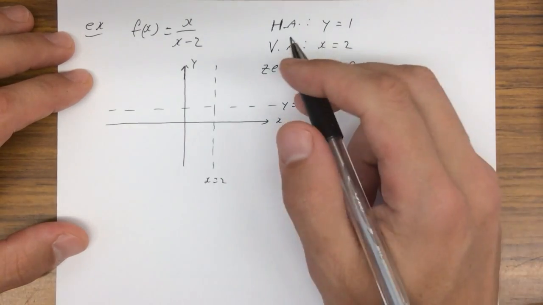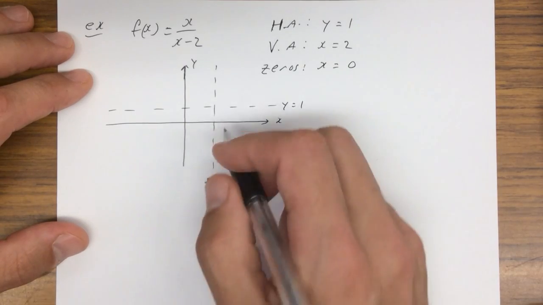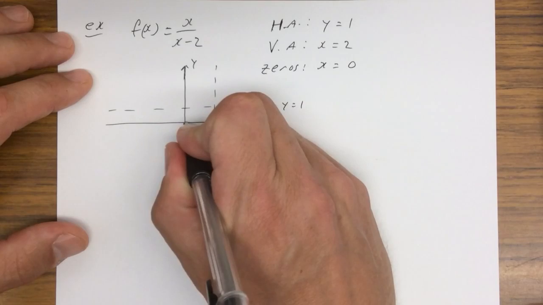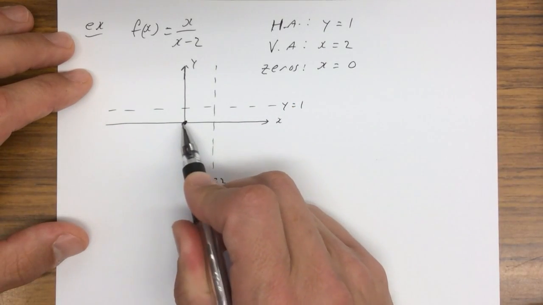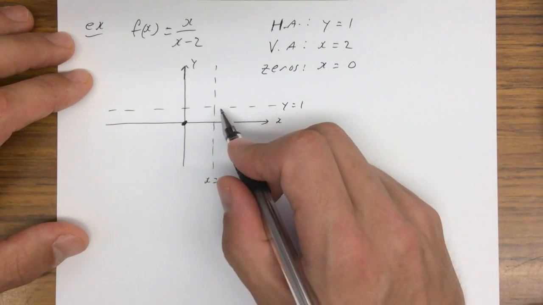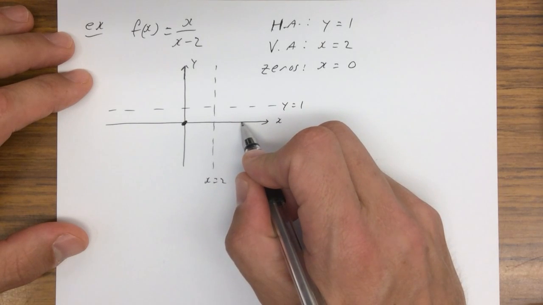So if we take values that are just to the right of this vertical asymptote, we can see what's going on. But first let's plot the 0 as well. So there's the x-intercept right there. We know the function goes through here. Okay, so now let's look to the right. The function cannot go through the x-axis.